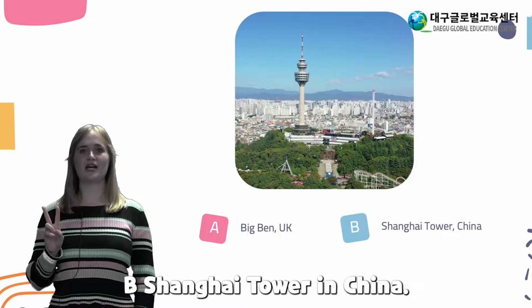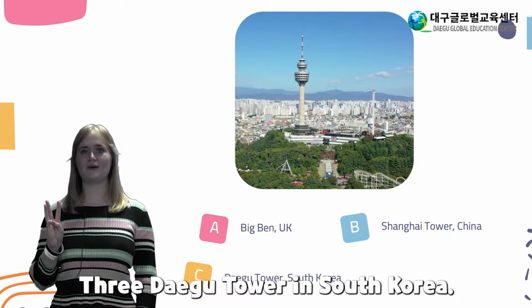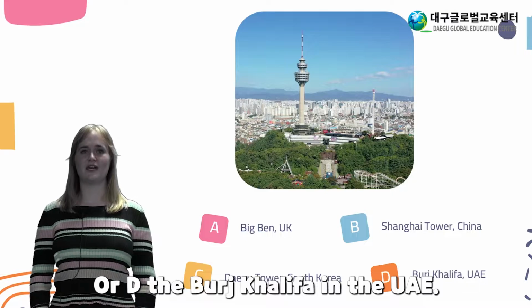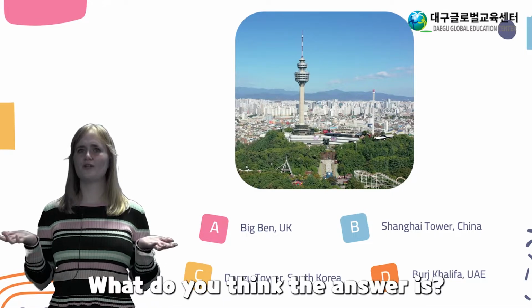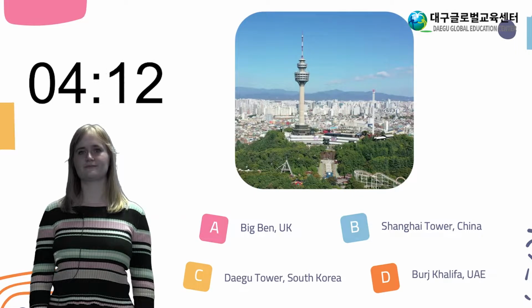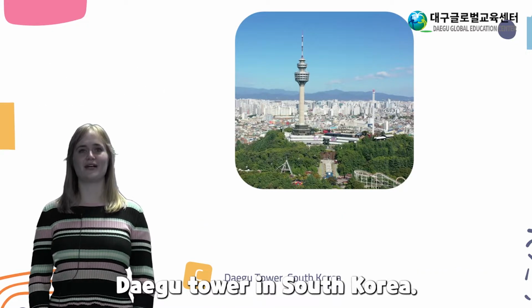B. Shanghai Tower in China. C. Daegu Tower in South Korea. Or D. The Burj Khalifa in the UAE. What do you think the answer is? The answer is C. Daegu Tower in South Korea.